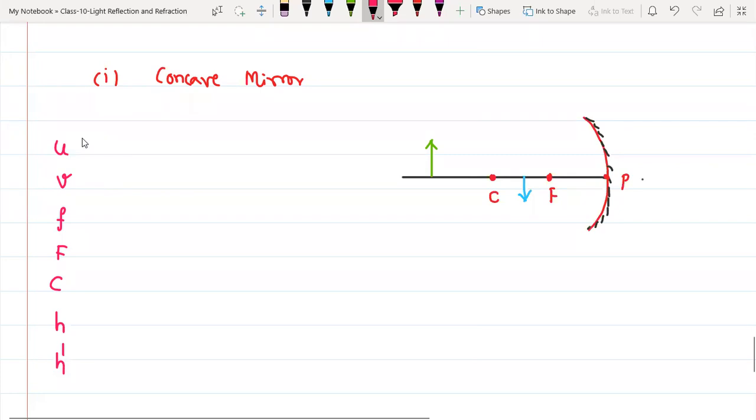Now U for object distance, V for image distance, small f for focal length, capital F for focus, C for center of curvature, H for height of the object, H dash height of the image. If you want, you can take R also, radius of curvature. Now let us see which one is positive, which one is negative.